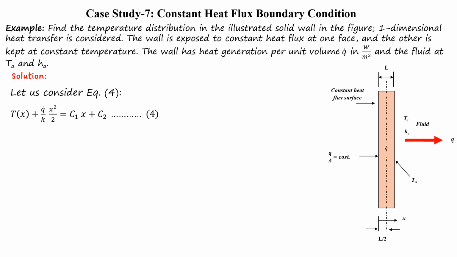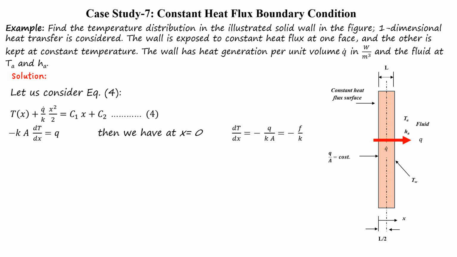So to solve this equation, we need two boundary conditions to find C1 and C2. The first boundary condition is at x equal to 0, where q equals minus kA dT by dx.